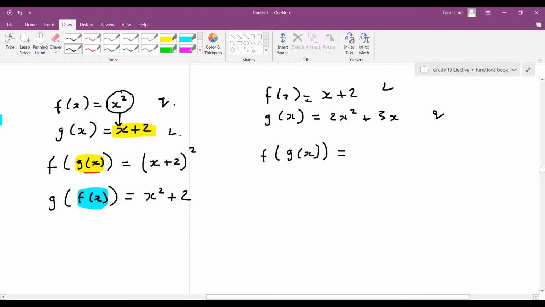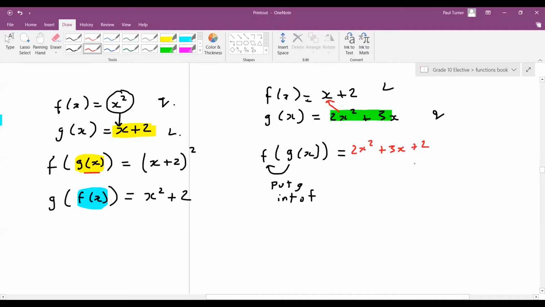You see how I'm putting the g function into f. So take your g function, which is this one, and put it into the f function, wherever you see x. So that's going to give you 2x squared plus 3x plus 2 on the end.